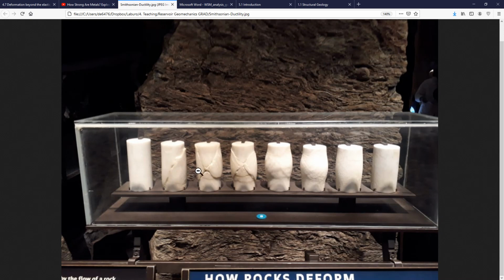If we keep on increasing the confining pressure, which would be equivalent to getting this rock into deeper and deeper locations, we see that the mode of failure starts to change. And as I go deeper and deeper, I go from just one single fracture localized in one region to multiple fractures that are much smaller than this one and that are distributed along the sample.